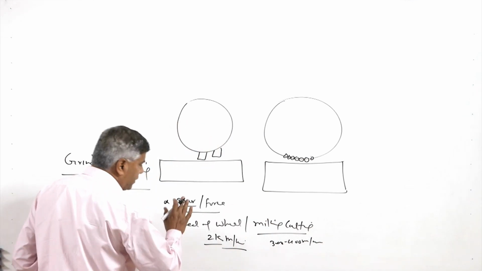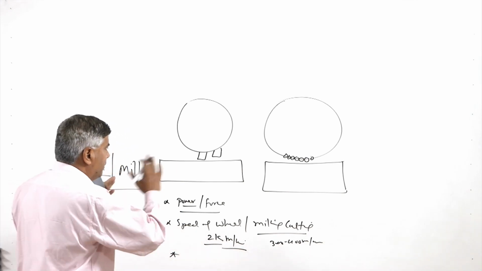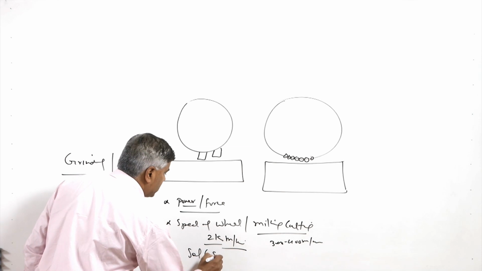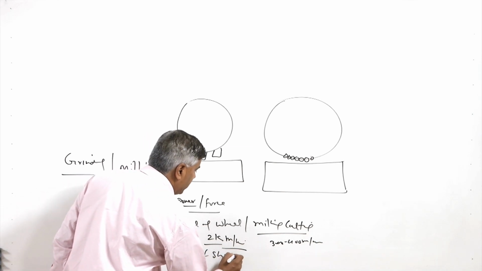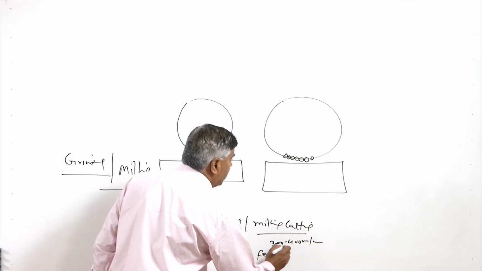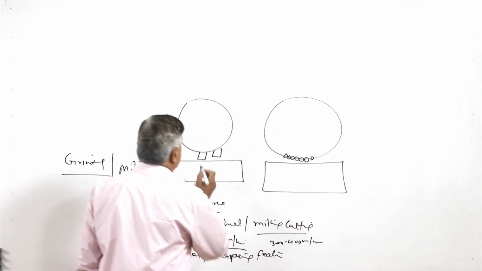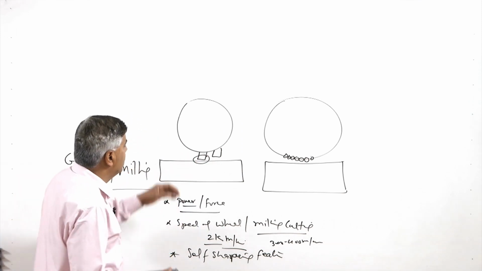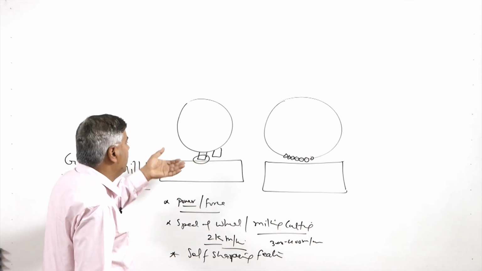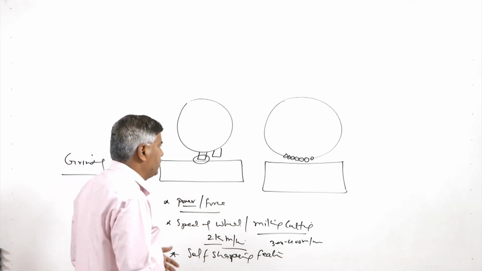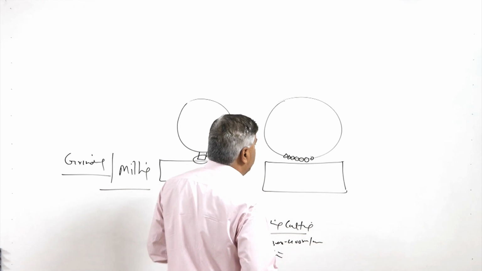And the third comparative aspect related to milling and grinding is the self-sharpening feature of the grinding wheel. We know that wear is an integral part of any machining process. The tool wears out gradually in milling, and it needs to be either resharpened or replaced.